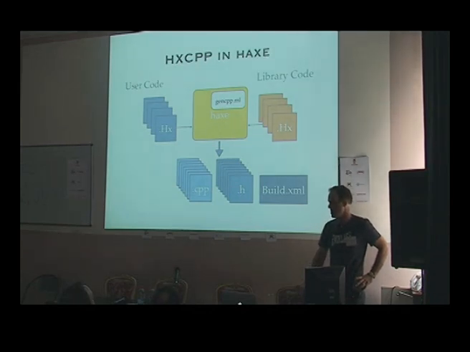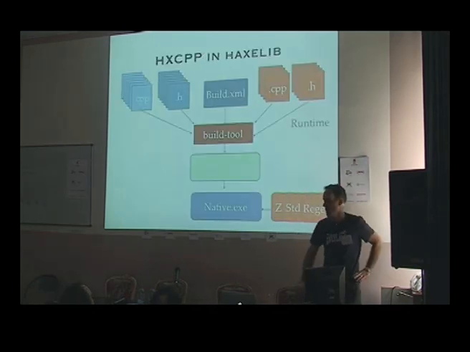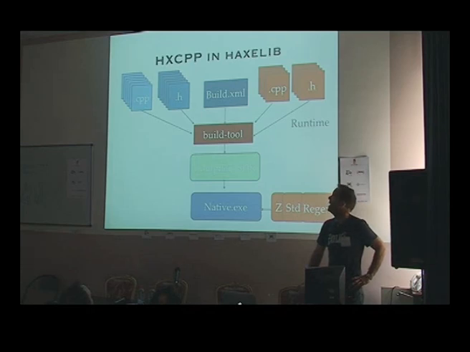And at this situation, the Haxe compiler's job is done, and it hands the operation over to the HXCPP build tool. Here, the build tool takes in these generated files, adds in some of its own for good measure, and uses a compiler or SDK that you have installed on your machine to produce a native executable.